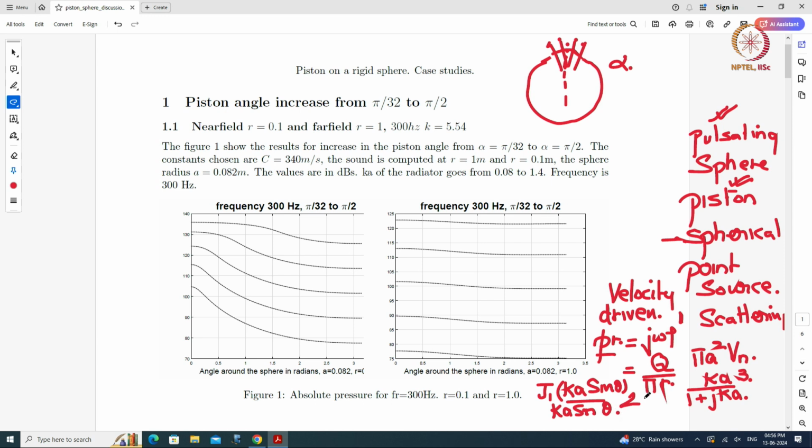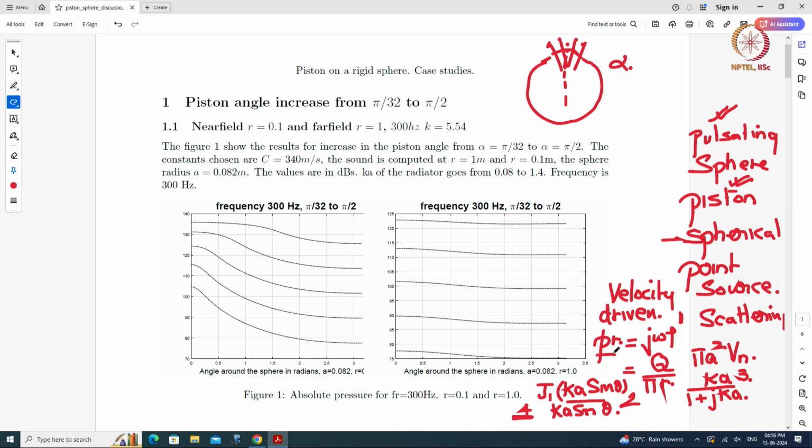All these four entities will come in a product in some manner or the other. The form will change a little bit, but these four terms will be there when you describe pressure from a source.